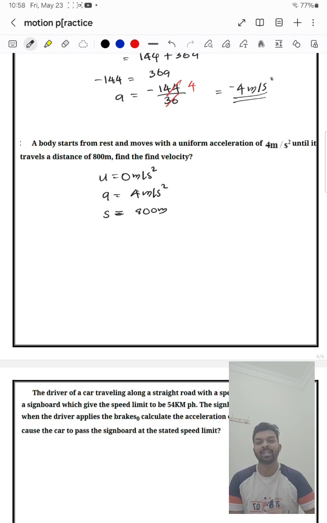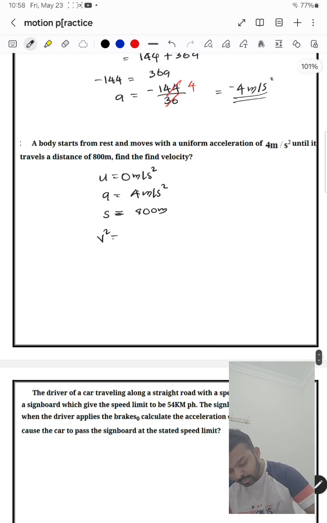So here you can use the third equation, because there is no way of doing it with the second equation or the first equation, since time is not given. If there are two unknowns, we can't do anything. So v square is equal to u square plus 2as.